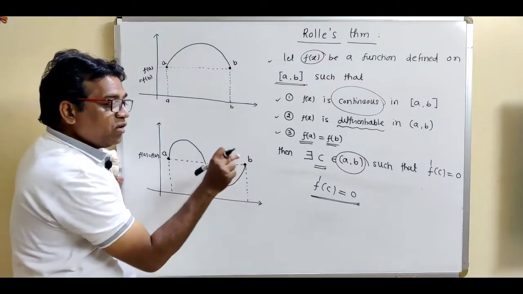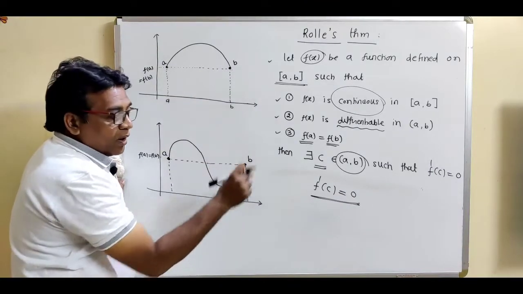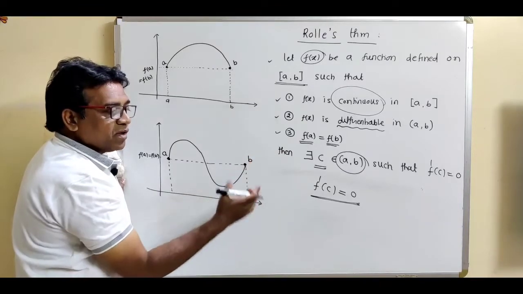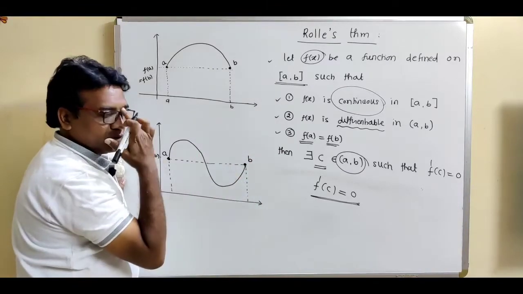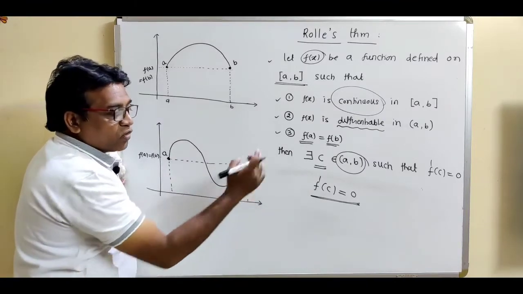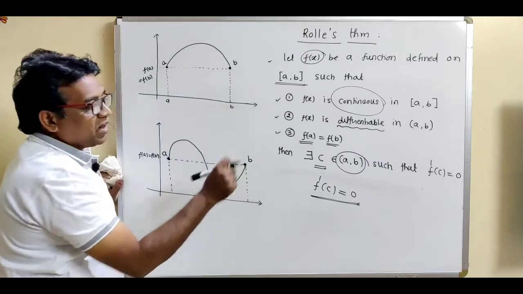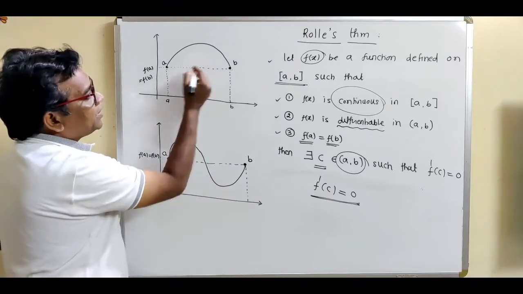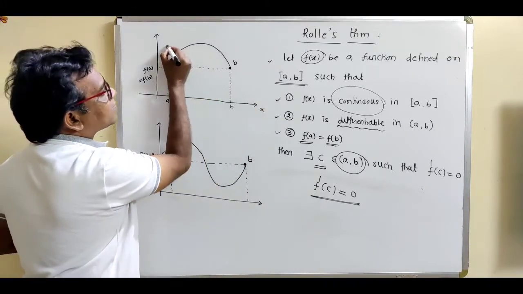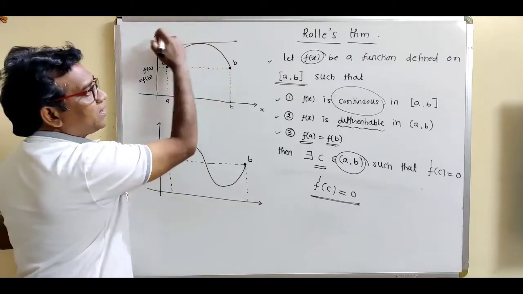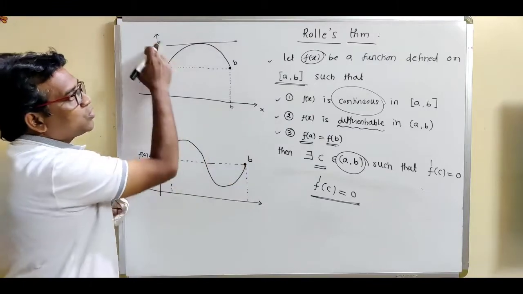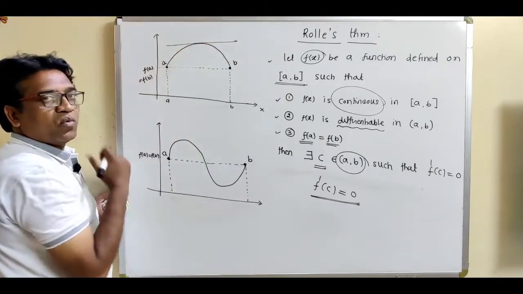Now see what the meaning of f' is. Differentiation means the slope of the tangent. The slope of the tangent is 0. That is possible only if the tangent is parallel to the x-axis. If the tangent is parallel to the x-axis, then we can say that the slope of the tangent is 0.